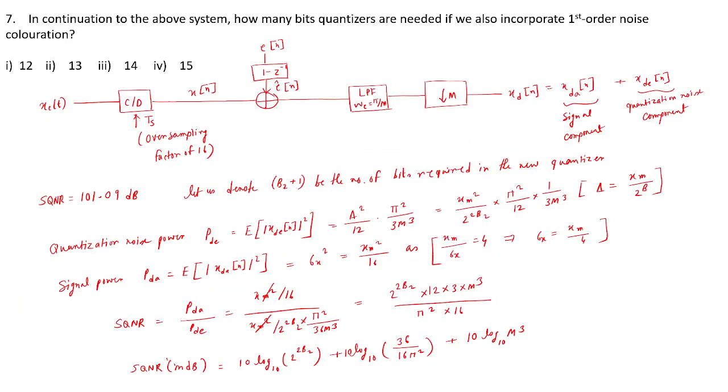Okay, we have SQNR in dB, so we can write it on the left side as 101.09.